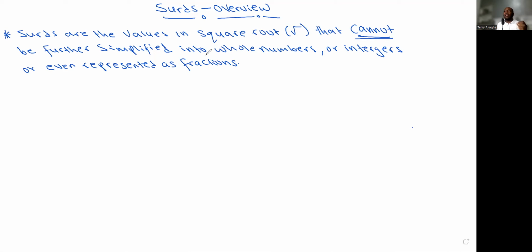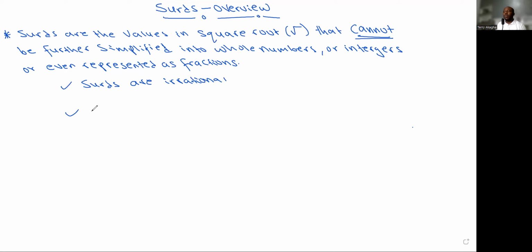Basically, these are values in the square roots that cannot be further simplified. So we can now say that surds are irrational numbers. These are numbers that you cannot break down.